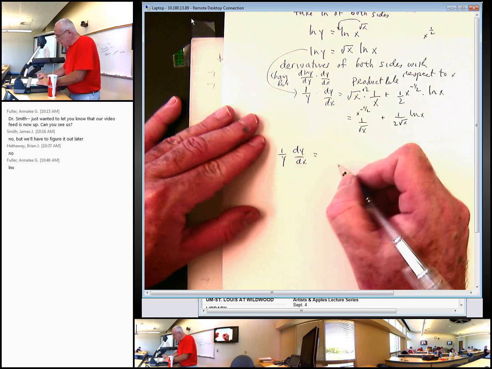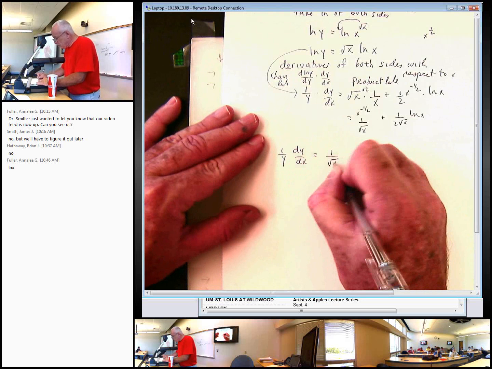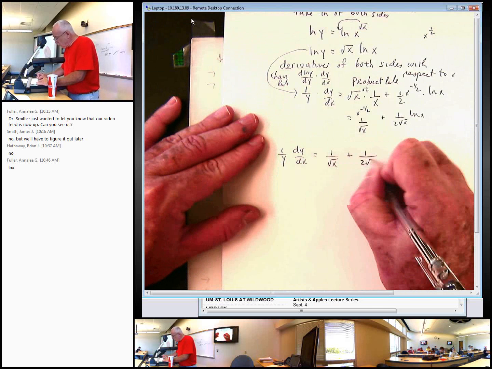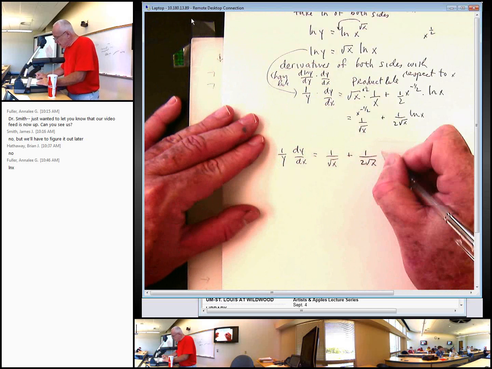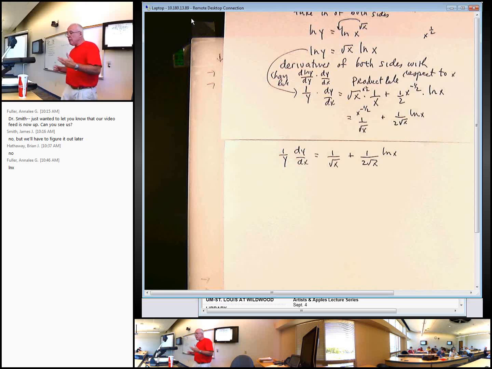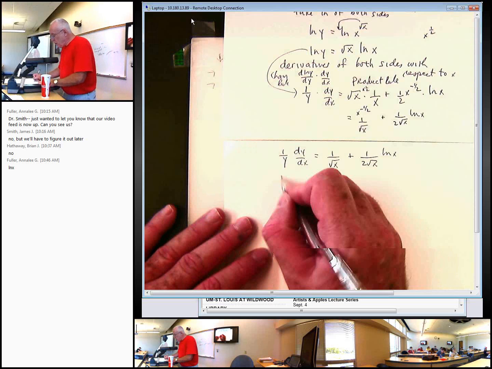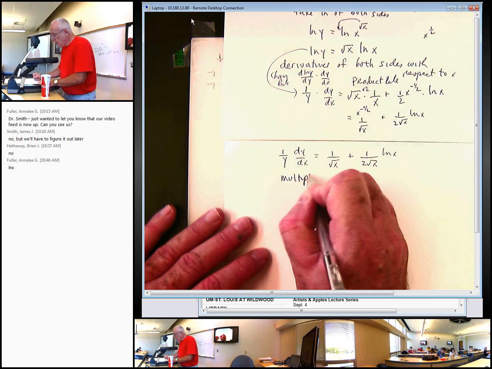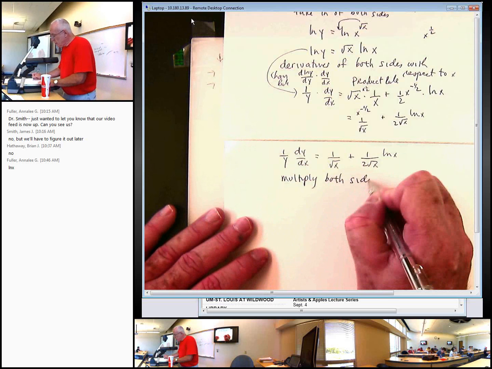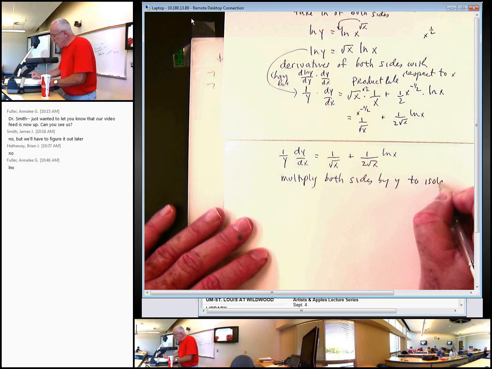And let's write the right side as 1 over the square root of x plus 1 over 2 times the square root of x times natural log of x, like that. Okay, and then the final thing we have to do is multiply both sides by y to isolate the dy dx.